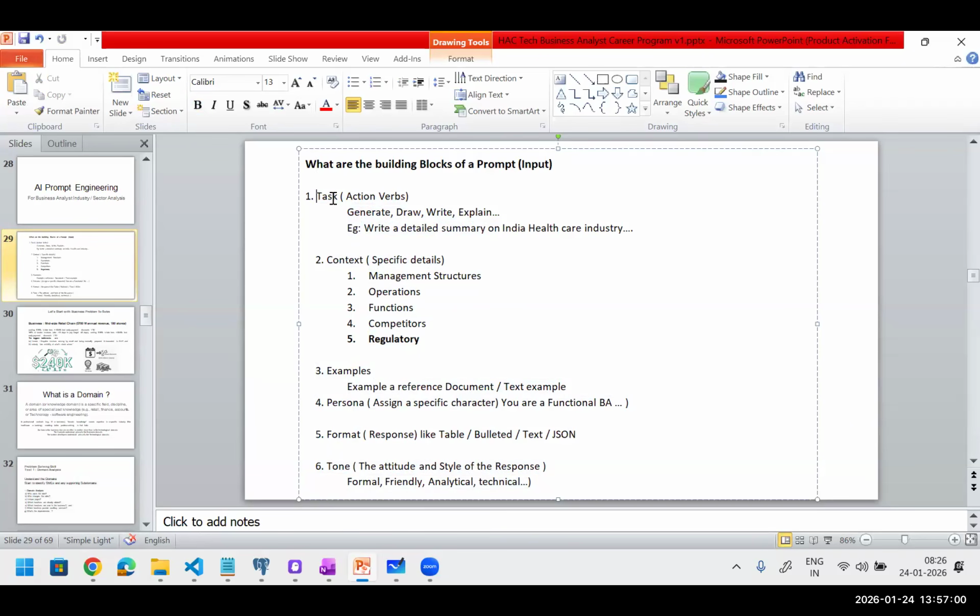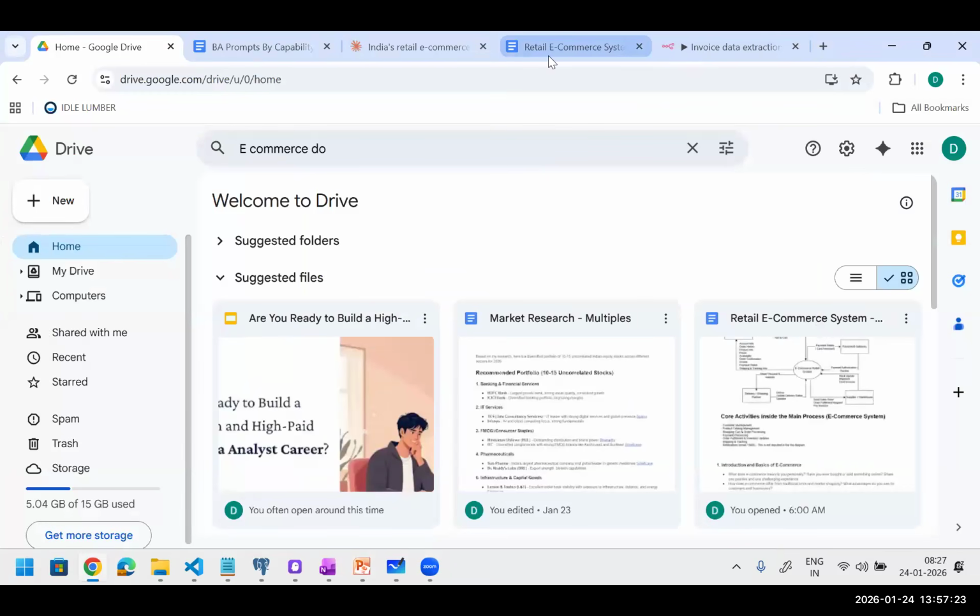Okay, like what is the task, what is the context, what are the examples that you are expecting as a result, and what is the persona it should think as. Okay, what format, what tone is also important. If you write it this way, and I have created, okay, I'll give it to you later. Okay, these are the prompts. I have multiple prompts.